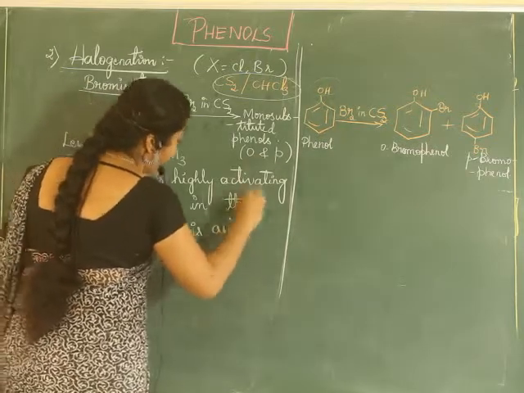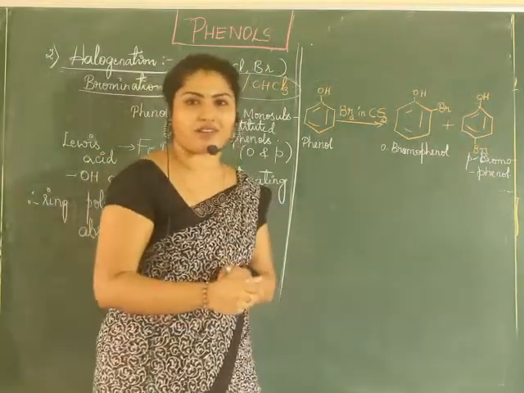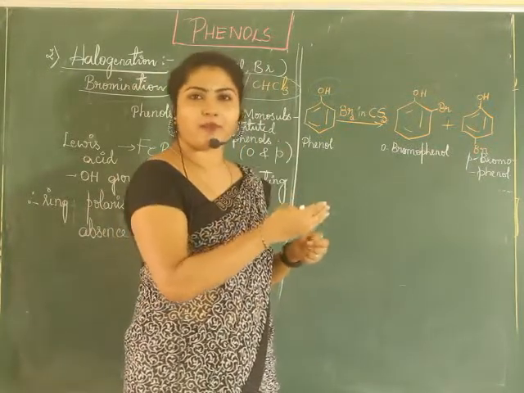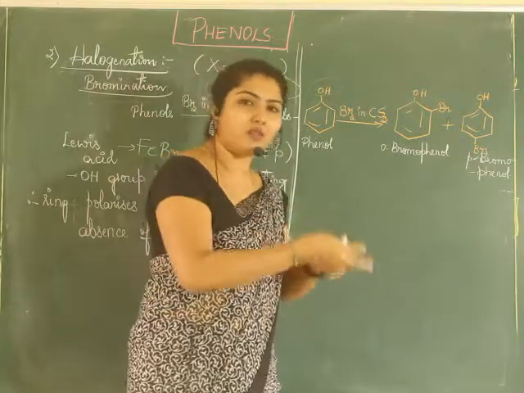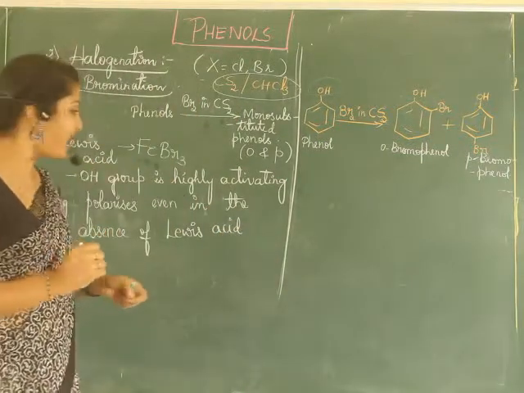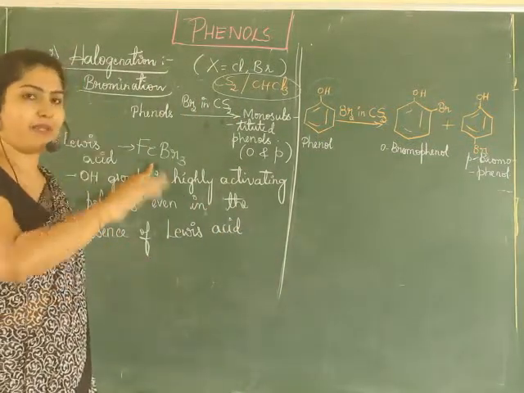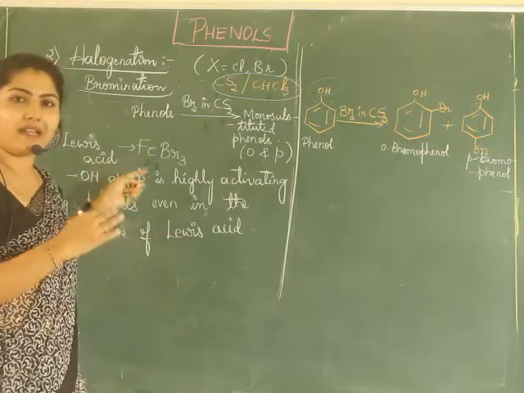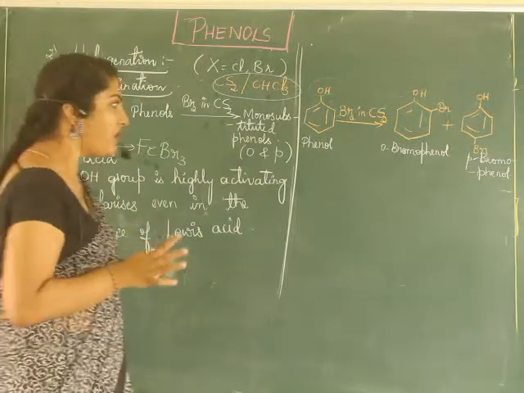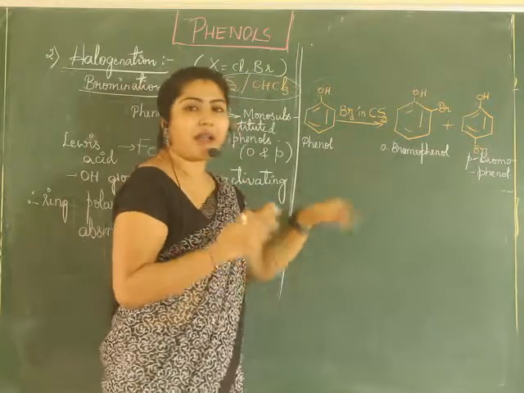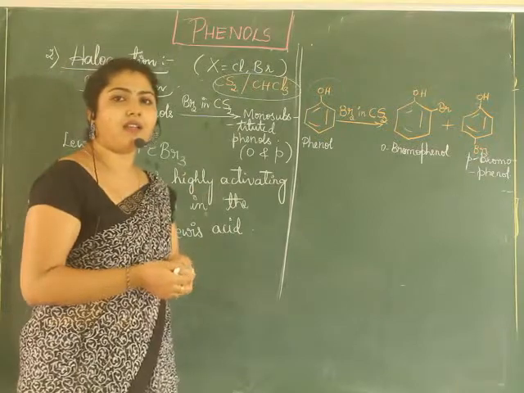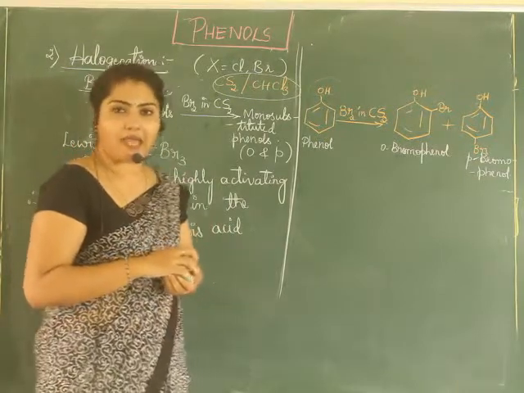So the OH group itself polarizes, because we have studied the resonance structure, where the delocalization of the electrons takes place. We don't want some other group to come and polarize it. But in the case of benzene alone, we want a Lewis acid to activate the ring. Here it's not required, and that is why bromine in carbon disulfide or chloroform, a suitable solvent, will be chosen, and then the halogenation process will be carried out.